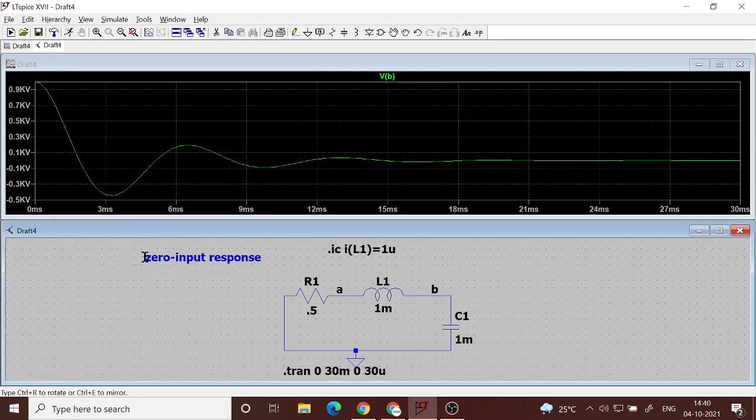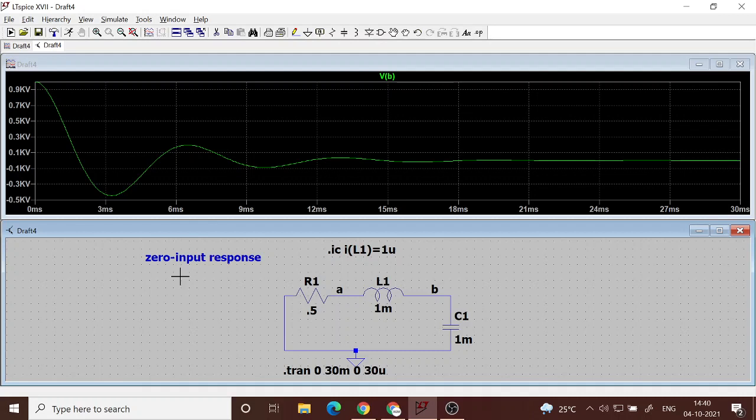The other one is zero state response. Experiments 3 and 4 are zero state response, because we did not give any initial condition there. We only gave a voltage source and current source and the response of the circuit to those. This is zero input response. The total response is the sum of these. So that you can do.